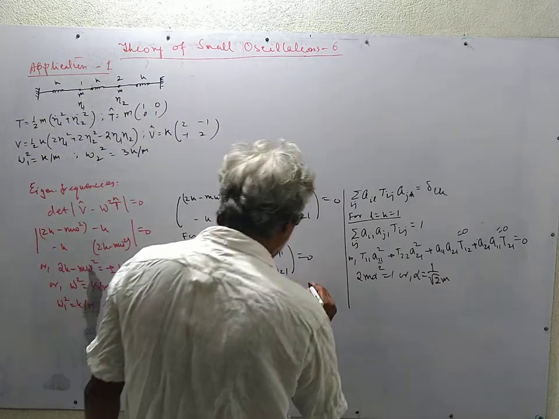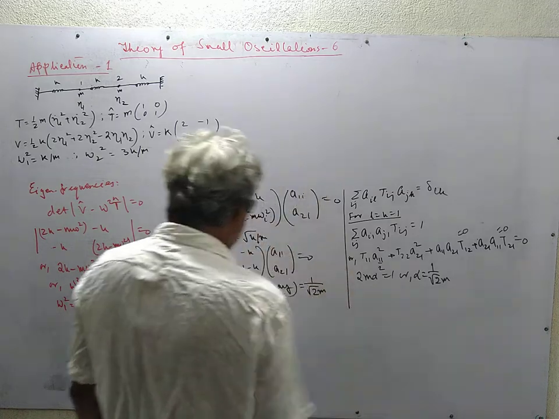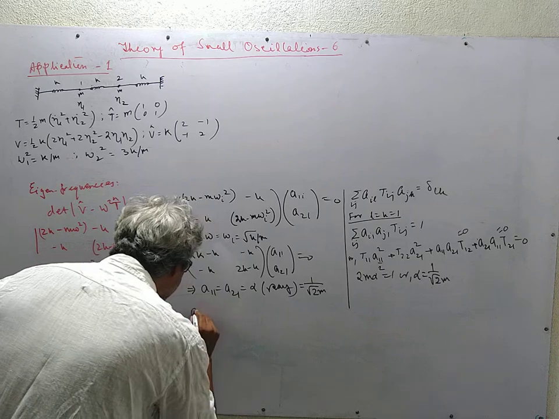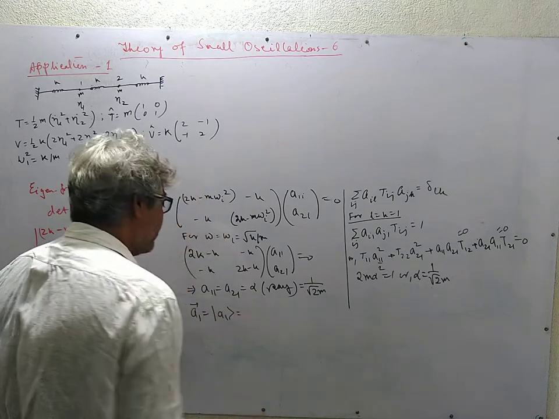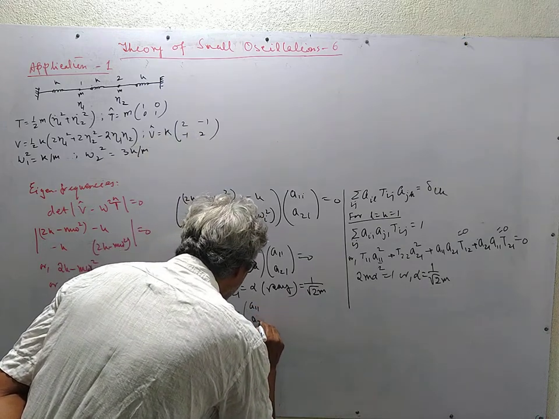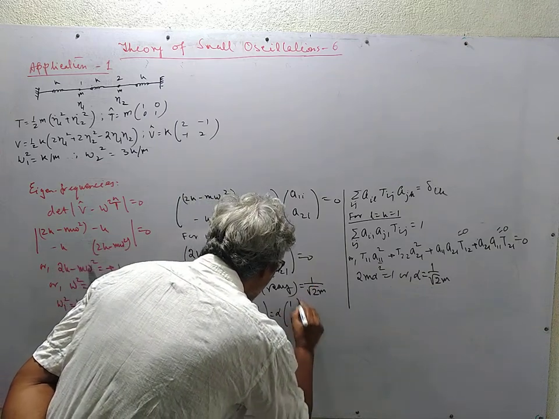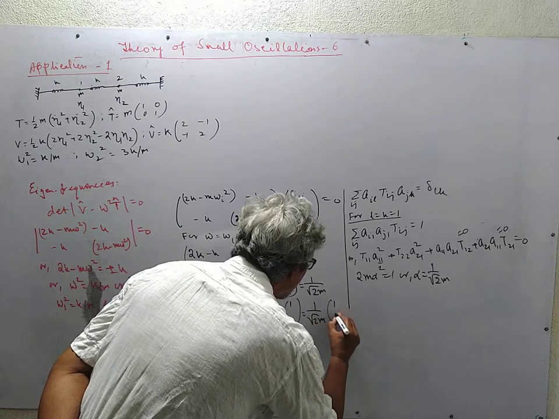So we get the first eigenvector. The first eigenvector a1 is (a11, a21), which is alpha times (1, 1), that is 1 upon root 2m times (1, 1).